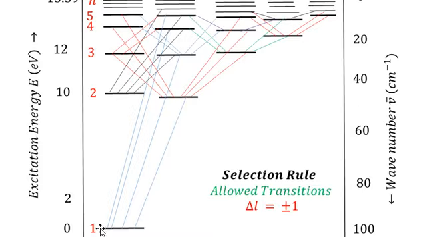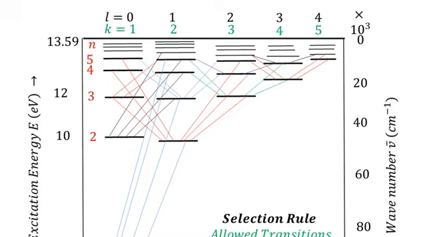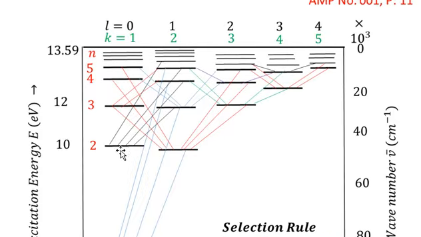So you can excite the hydrogen atom to principal quantum number 2, which has 2 levels over here. You can see that there are 2 levels corresponding to the principal quantum number 2, and I have marked the n values, or the principal quantum number values.